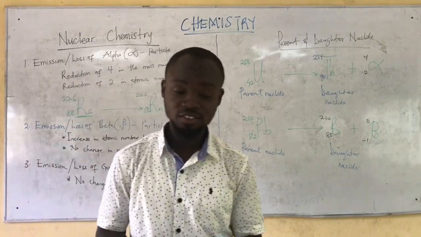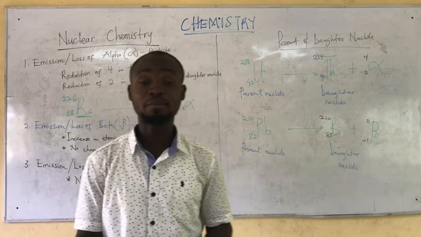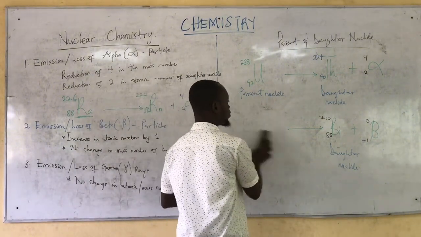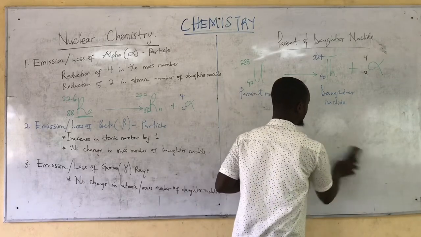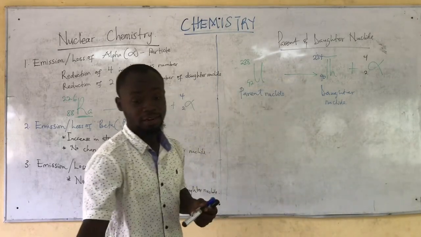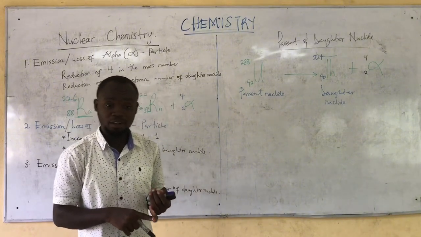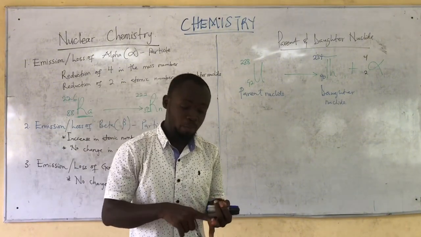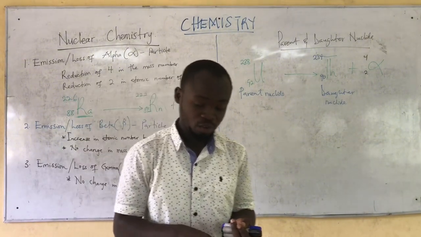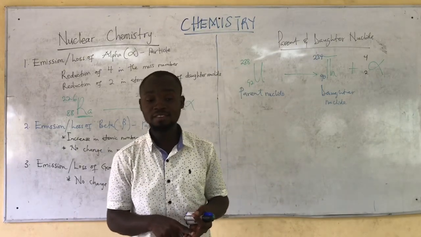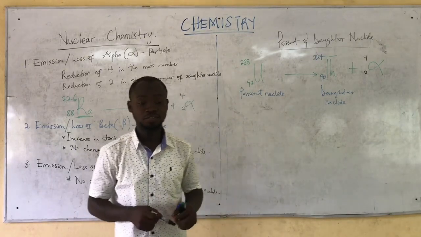There are no changes regarding the atomic number or the mass number between the daughter and the parent nuclide. The proton or atomic number of the parent and the daughter is the same. The mass number of the parent and the mass number of the daughter is still the same.